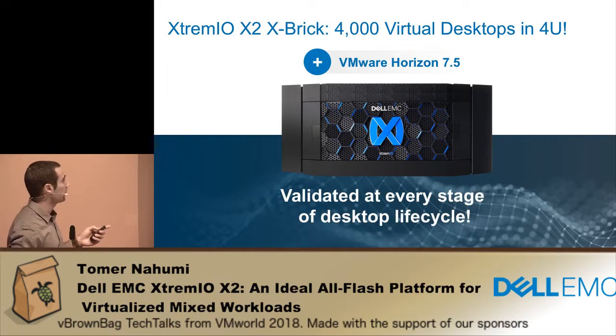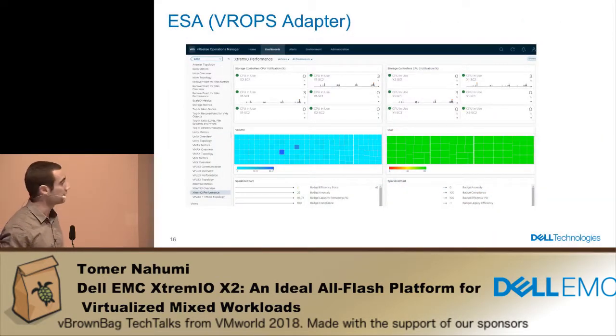As I mentioned before, from tests that we did, 4,000 virtual desktops in 4U. We validated at every stage of the desktop lifecycle, including redeploying and recomposing the desktops. Really, really excellent performance for VDI desktops.